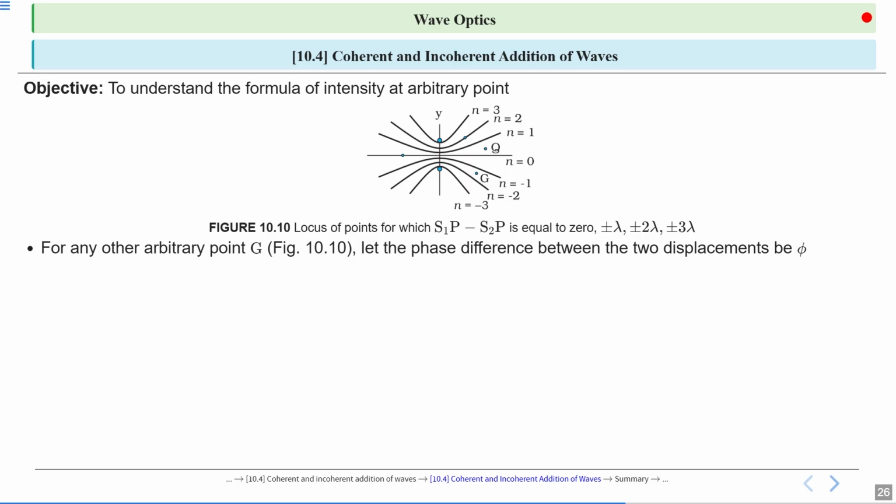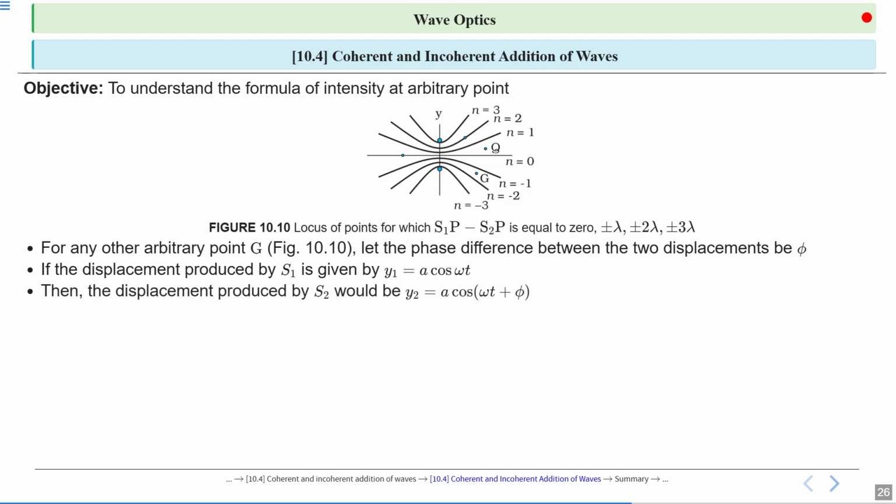Now we are not specifying the phase difference as 5 pi or 4 pi. The phase difference will be anything, phi, for any arbitrary point G. So if the displacement produced by S1 is given by y1 equals a cos omega t, then the displacement produced by S2 will be y2 equals a cos of omega t plus phi. We have discussed specific cases, that is omega t plus 4 pi or omega t minus 4 pi, and another case omega t plus 5 pi.